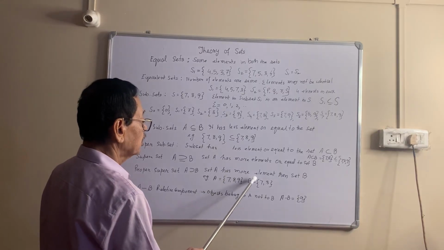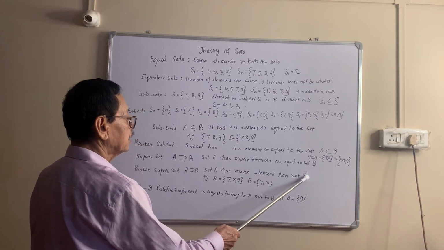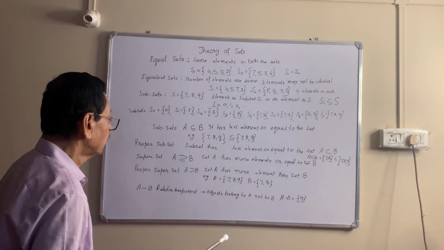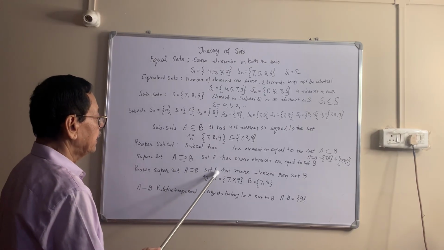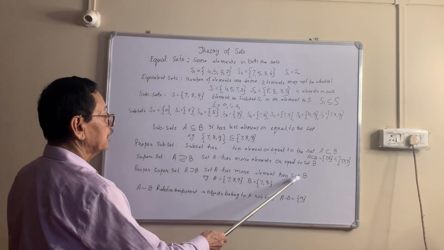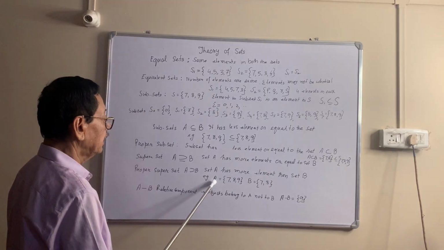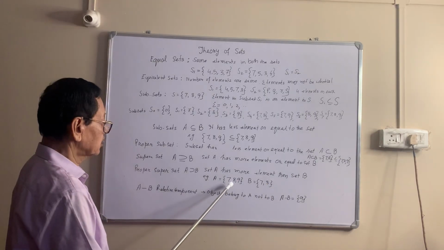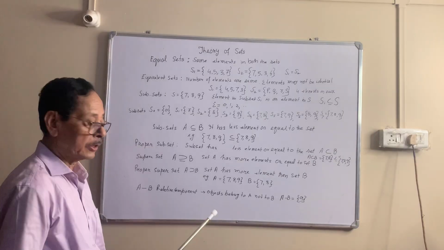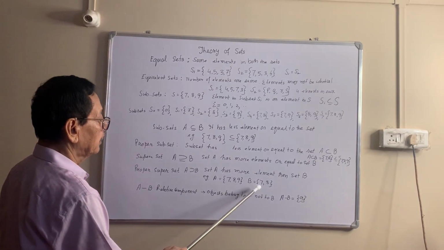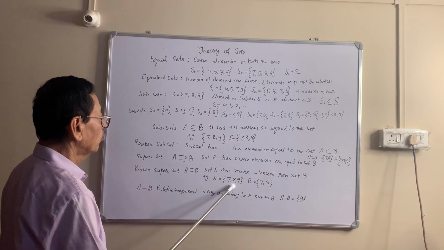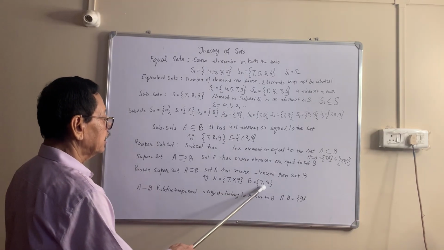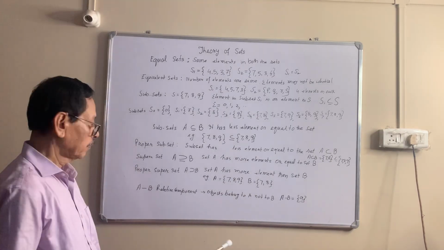In a proper superset, set A has more elements than set B. Suppose set A has the elements 7, 8, 9 and B has the elements 7 and 8. So A has more elements than set B.